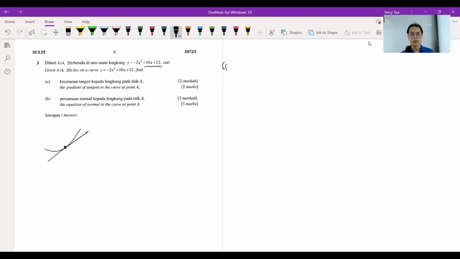So what we have to do is to differentiate, bezakan dy/dx, bring the power down, -2 times 2 minus 4x, differentiate 10x, you get 10, right? Now, next, let us substitute x with 4. When your x is 4, my dy/dx is -4 times 4 plus 10, which gives us -6.